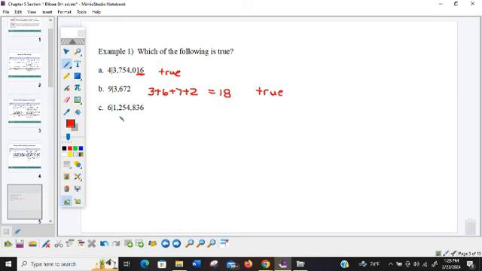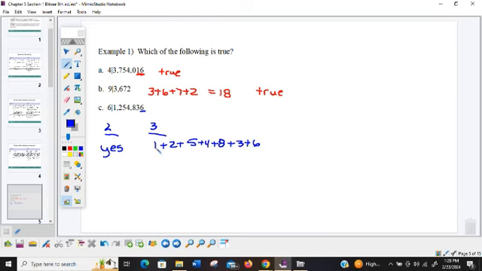Now on the last one, we need to check this one for 2 and for 3. Okay, so for 2, you look at the last number. This one would be a yes because 2 goes into 6. Now for 3, we're going to have to add these digits up: 1 plus 2 plus 5 plus 4 plus 8 plus 3 plus 6.